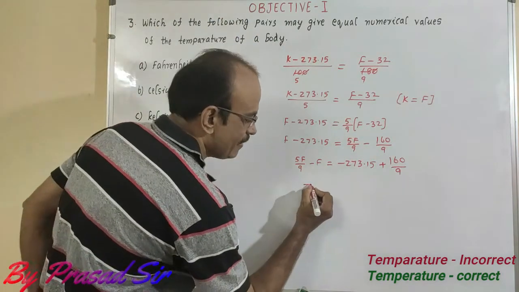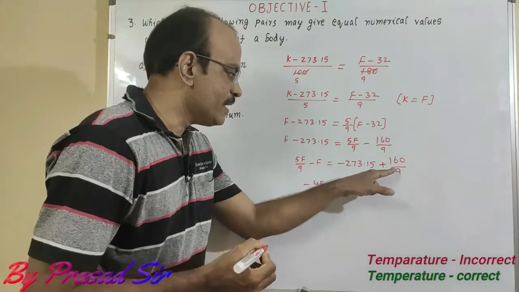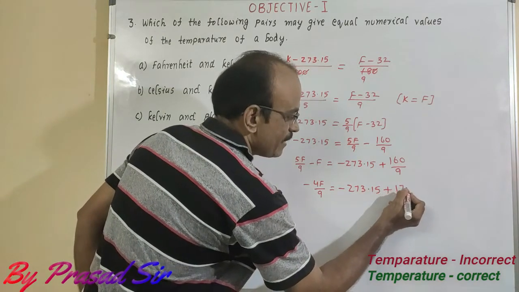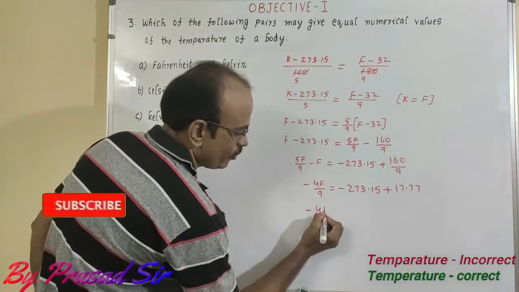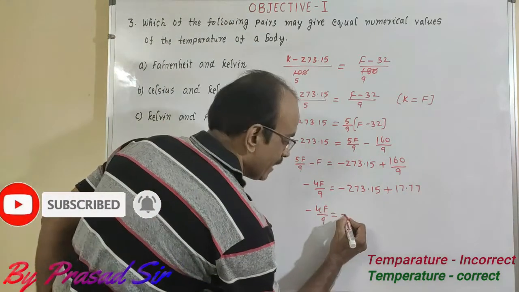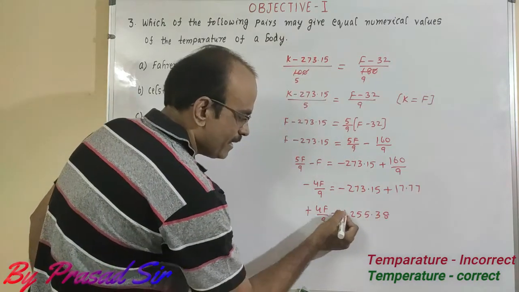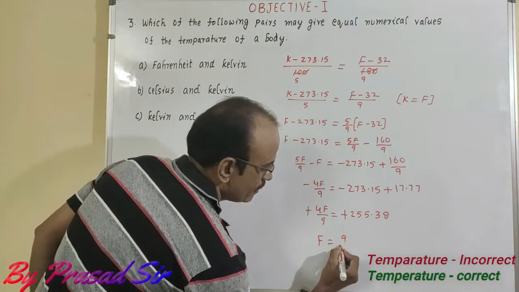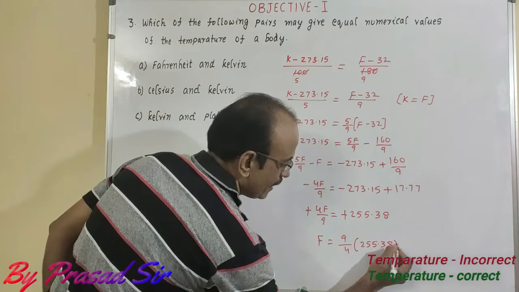So we get minus 4F by 9 is equal to minus 273.15 plus 17.77. Minus 4F divided by 9 is equal to minus 255.38; both sides minus, so that is plus. So F is equal to 9 by 4 times 255.38.